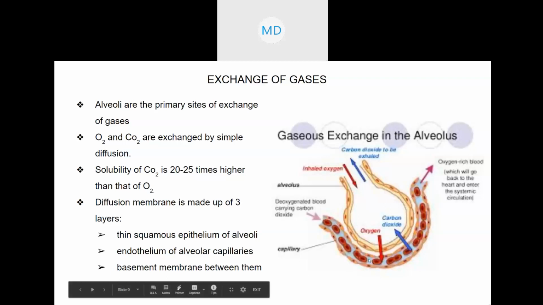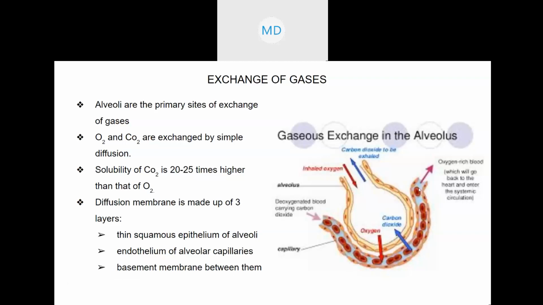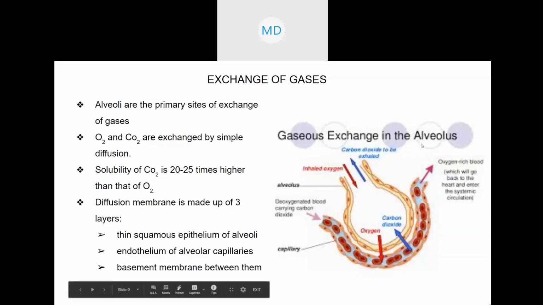But now what will happen? The carbon dioxide will be replaced by oxygen. Carbon dioxide will get inside, and oxygen will get outside. It is sort of a recycling. Oxygen-rich blood, that is oxygenated blood, will go again and travel all around, then come back deoxygenated. The same process repeats over and over again.